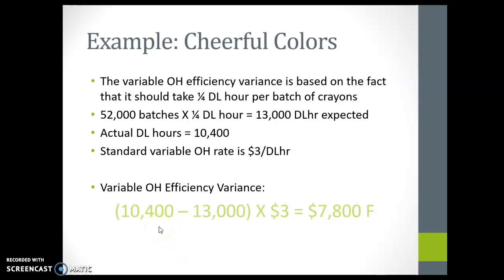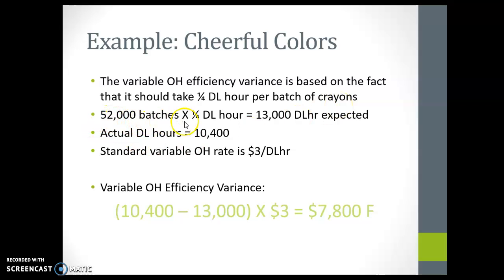Now we're going to take a look at the variable overhead efficiency or quantity variance. Again, the standard is that it should take 1/4 of a direct labor hour, that's 15 minutes, for every batch of crayons.